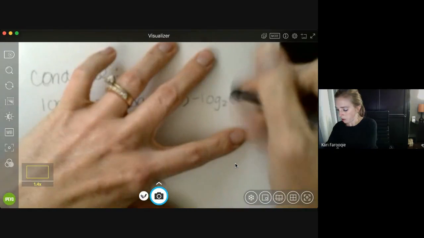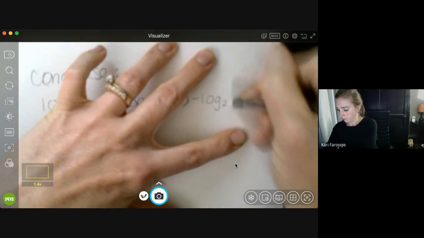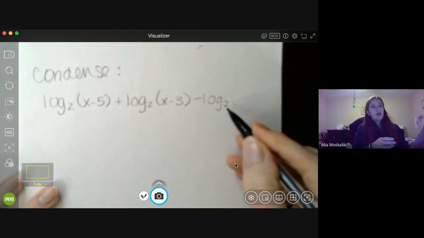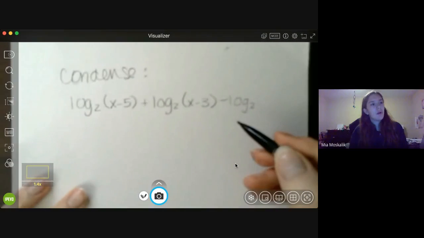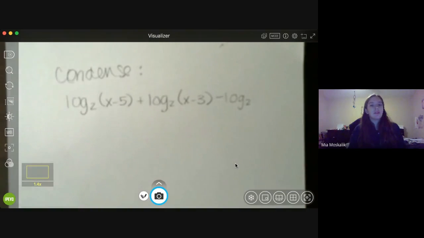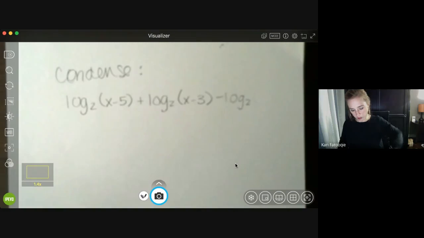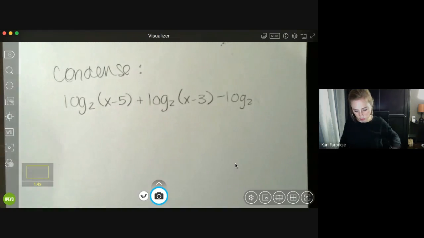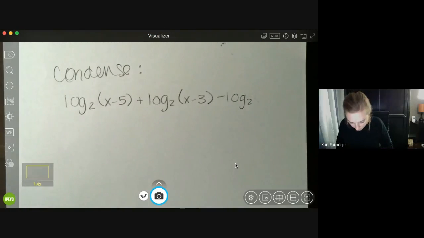Oh, wait, minus log base 2 of what? I must have written it wrong because it isn't of anything. I just wrote it as log base 2. Is it just of x? Maybe you forgot the x. Likely. Do you have the 3-digit number that this was based off of? No, I do not.